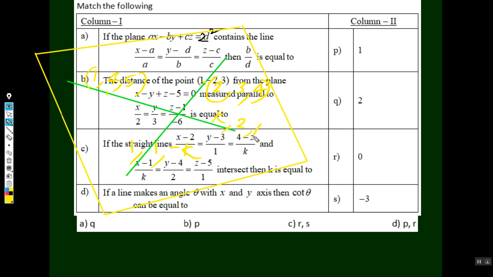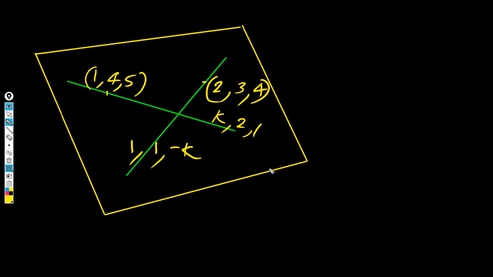Let me come to this diagram now. So what is the data given here? The first line is passing through 2, 3, 4, and the second line is passing through 1, 4, 5. The first line DRs are 1, 1, minus k, and the second line DRs are k, 2, 1.